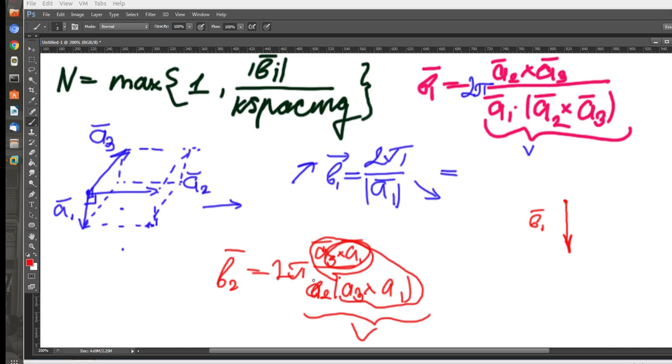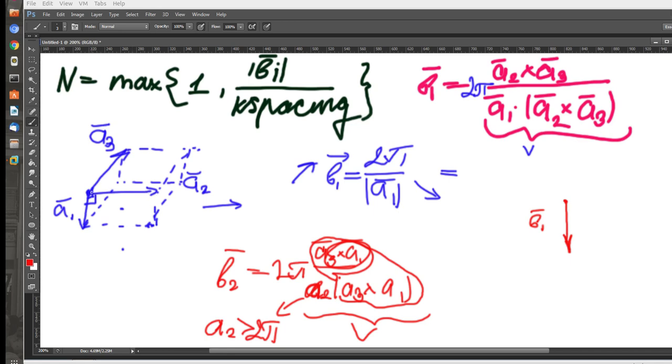So here is a2, and again, let's imagine that a2 here is larger than 2 pi.